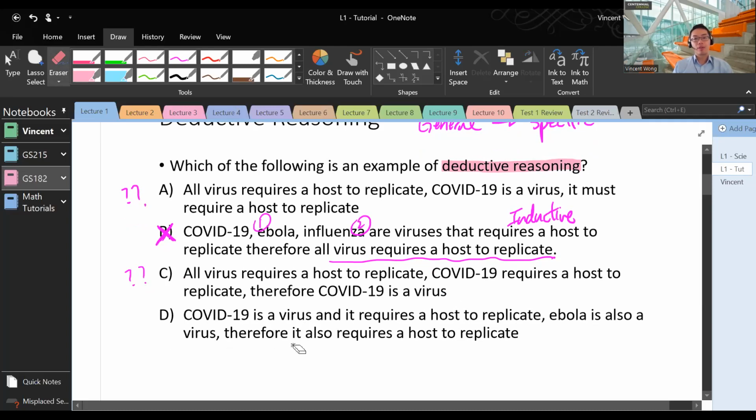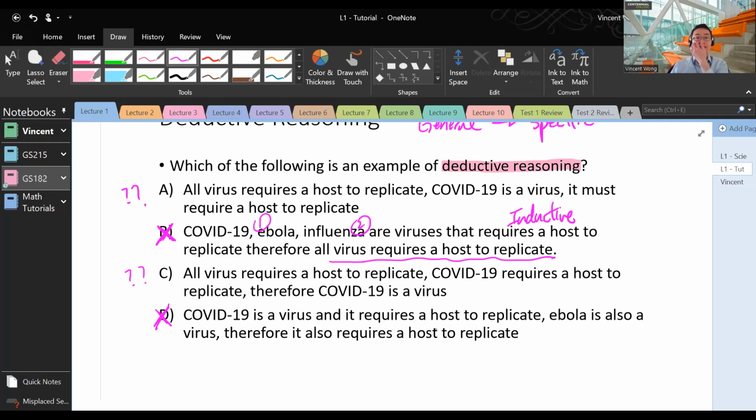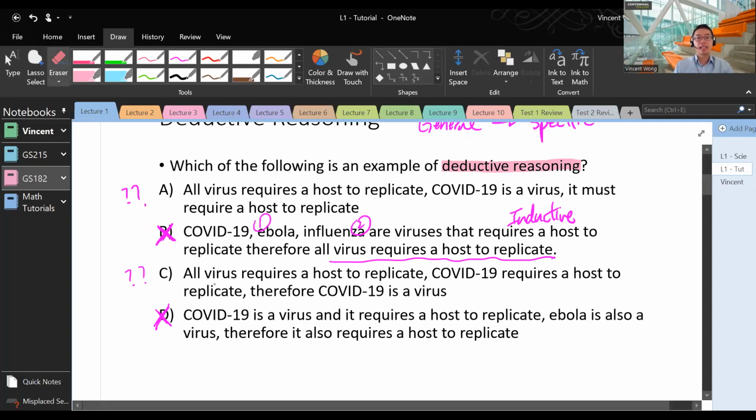Ebola is also a virus. Therefore, it also requires a host to replicate. So this is, again, not the answer because you are just stating one example and then another example. You're not really making a generalization, or going from a general statement to a specific statement. So that is not the answer.